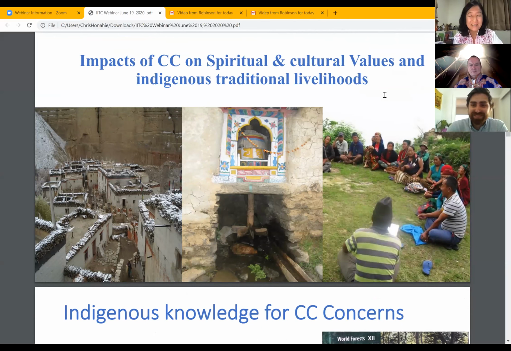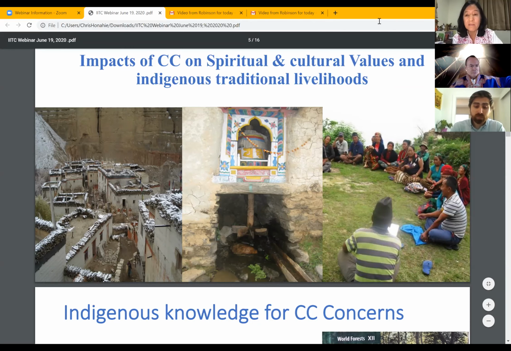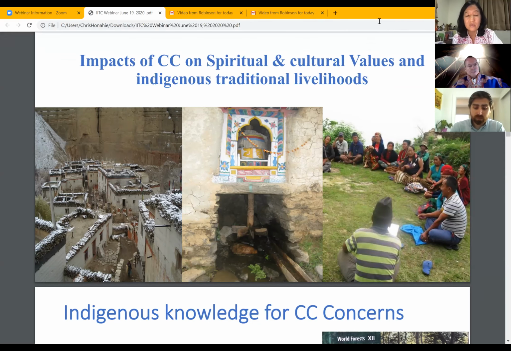Please see, this picture shows already a lot of things about the impacts of climate change on the day-to-day lives of the indigenous people. On the left side, these are the indigenous people's houses in Mustang, in the upper mountains. Generally we have just a mud roof, because we have only snow.